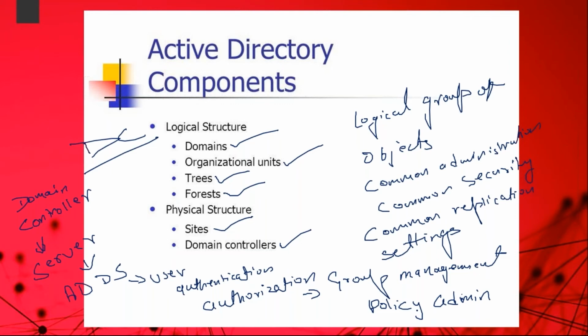So in organizations we have multiple domain controllers, in on-premises data centers or in the cloud as well. Each domain controller in a domain maintains a copy of the Active Directory database, and they synchronize the data between themselves, whether there are two domain controllers or more.